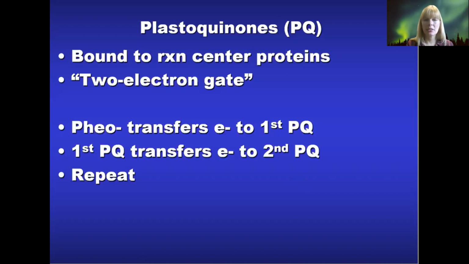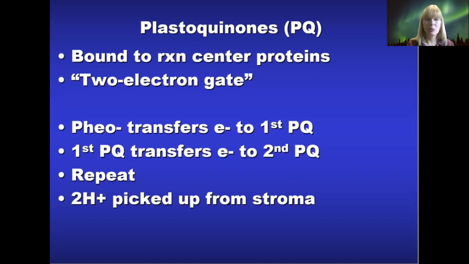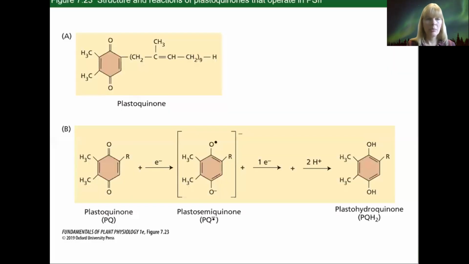It has to pick up 2 protons as well, and it'll grab them from the stroma side. So where it grabs them from is important. You need to know that, because that is playing a role in the development of a proton gradient. So the plastoquinone grabs the 2 protons from the stroma and says, okay, now I'm happy, I'm fully reduced, I'm stable, I'm now plastoquinol in the reduced state, and can do my next job in this whole game of the electron transport chain process. So we looked at this, that you need this 2 electron gate, you need 2 electrons and then 2 protons to get a fully reduced plastoquinol.